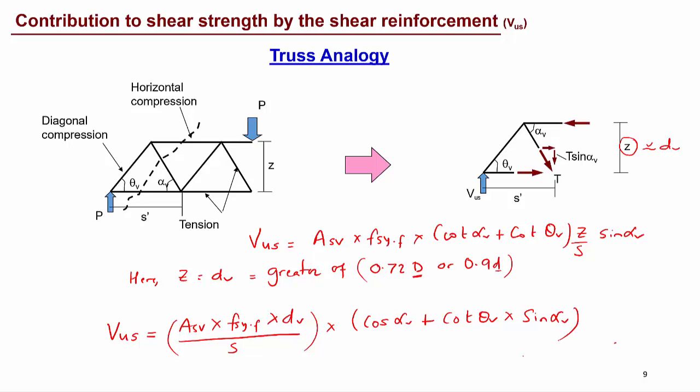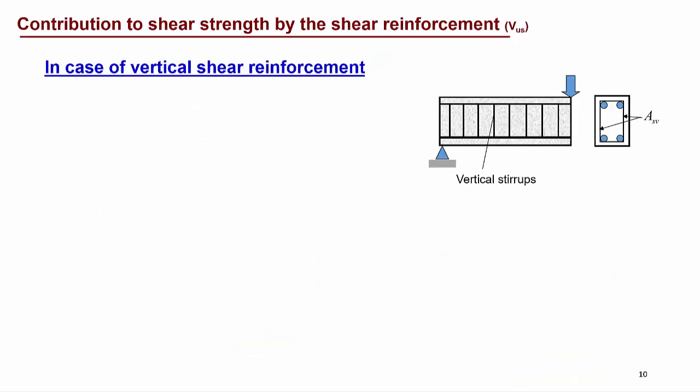So this equation gives us the shear strength contribution from the inclined stirrups, that is for the bent bars or the inclined stirrups. This equation is also given in clause 8.2.5.2b.